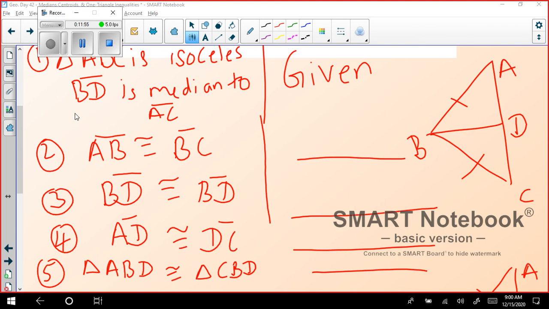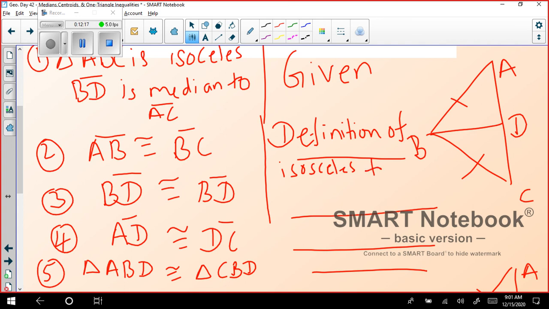As your friend suggested, that's absolutely right. This was from definition of median. The second, definition of isosceles triangle, you can say that. And the third, the reason is reflexive property.